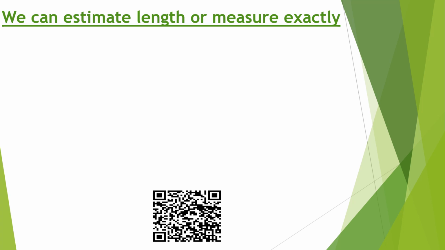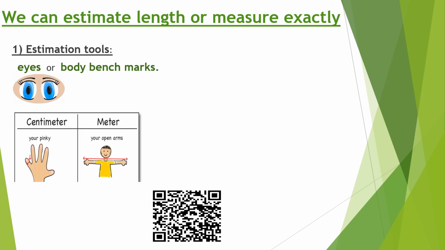Maybe by estimation. By estimation, it means I can look at a pen and tell my friend that it's about 10 centimeter, but I didn't measure it. So I can use my eyes or my body benchmark. We can just look at an item and guess its length, or use a body benchmark, as we learned before that the width of our pinky finger is nearest to 1 centimeter.